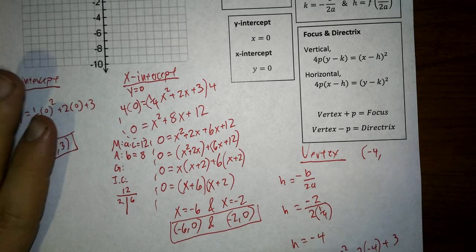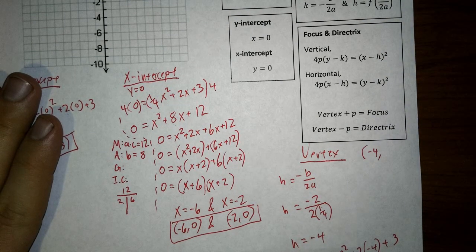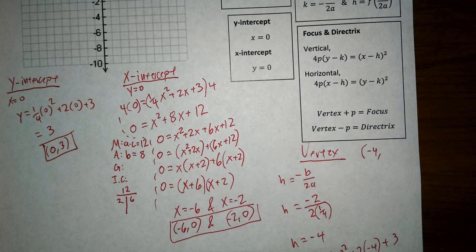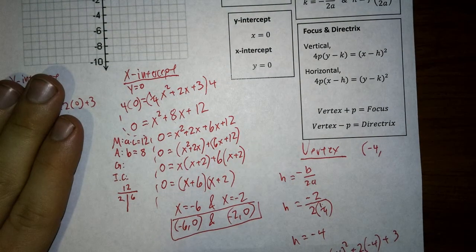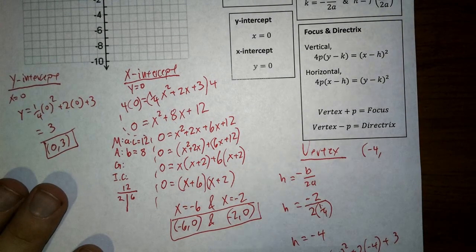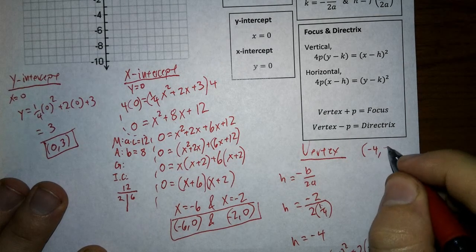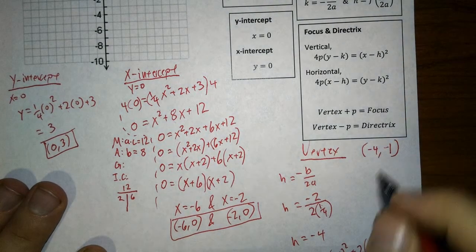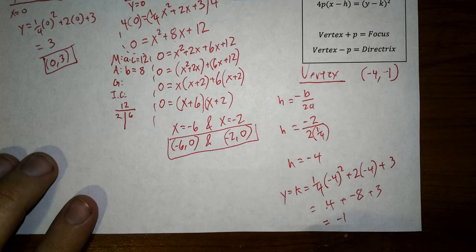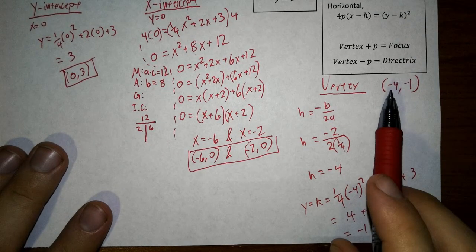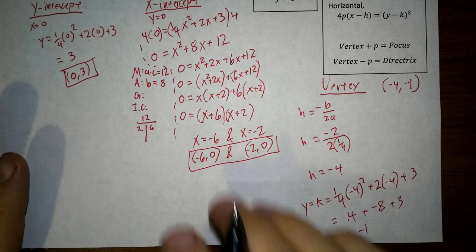So doing the math, we have negative 4 squared, which is 16, divided by 4 is going to bring us back to 4, plus 2 times negative 4, which is going to be negative 8, plus 3. Then adding those all up will bring us to negative 1. So our k value is negative 1, so our vertex altogether is negative 4 comma negative 1.